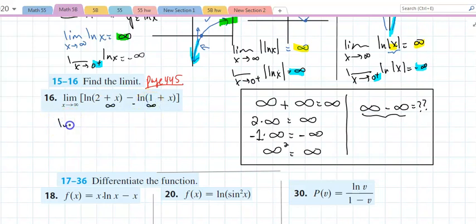Well, here I could really use properties of logs to combine those. And that would be the limit, remember, from 5a, the limit of a composition of a function is the composition of the limits.